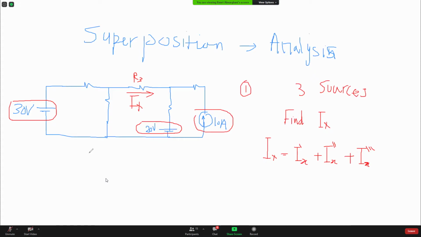So how do we take one source at a time? We're going to take first the 30-volt source. We're going to remove these two sources, and I'm going to keep this one.